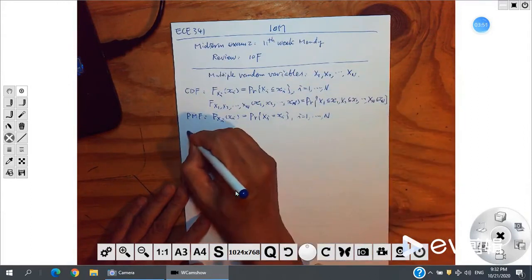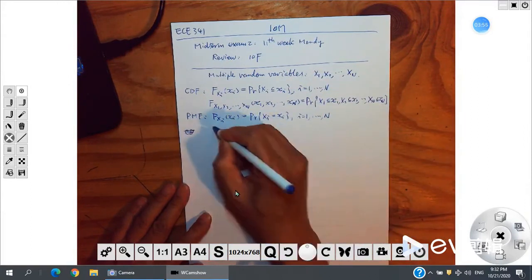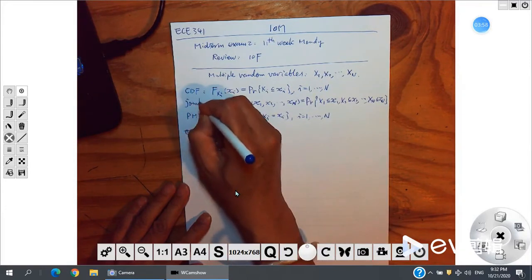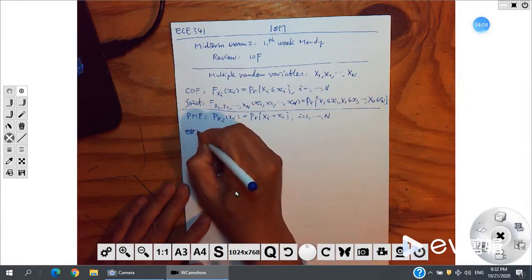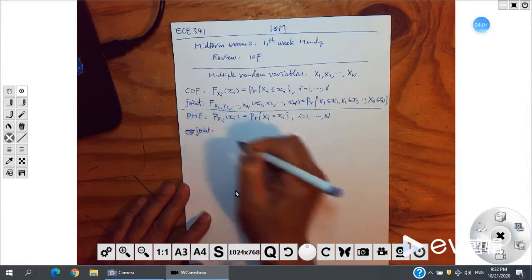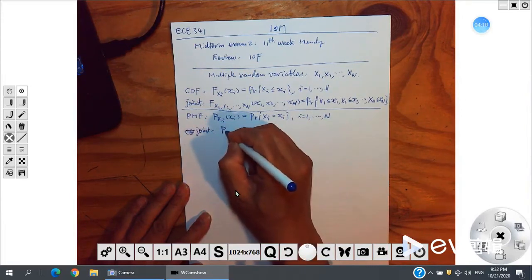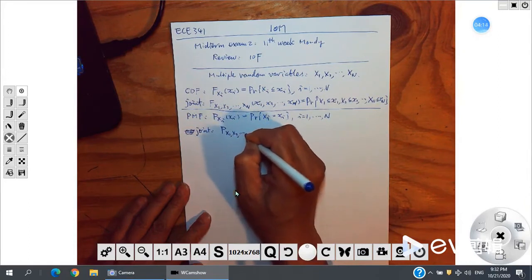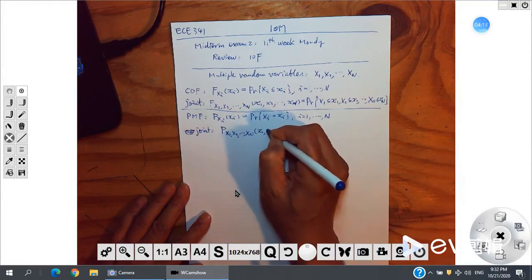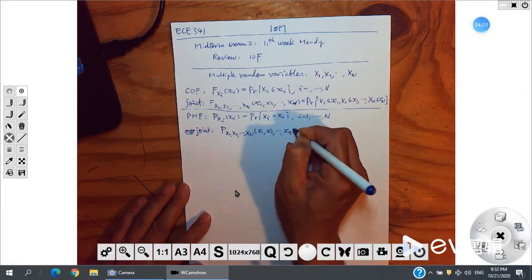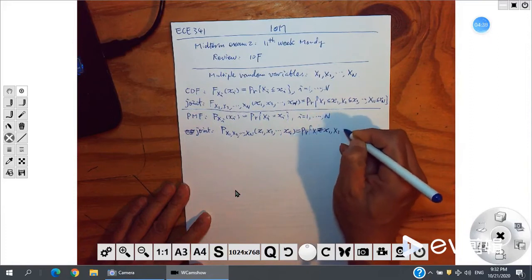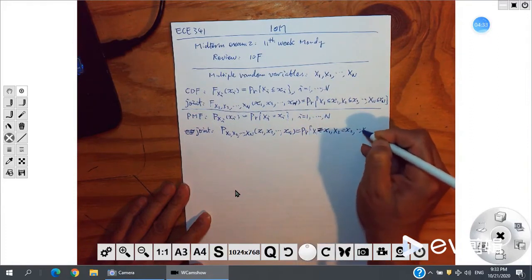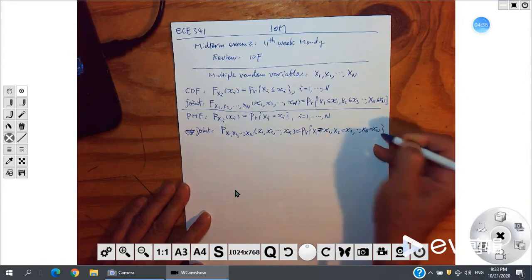And for the joint one, we have the joint PMF, p of x1, x2 until xn, which is the probability of X1 equal to lowercase x1, X2 equal to lowercase x2, until Xn equal to lowercase xn. And this is the mass function.